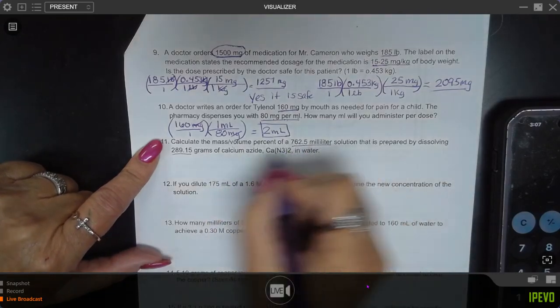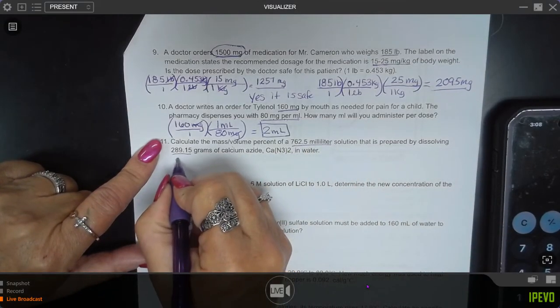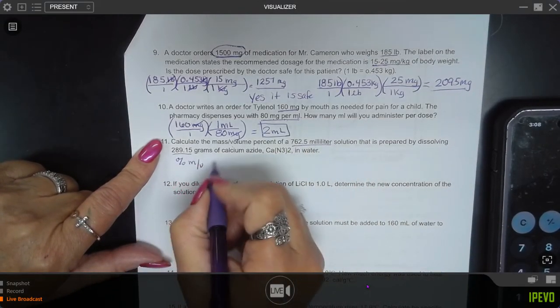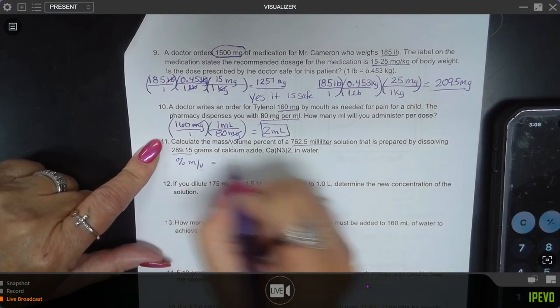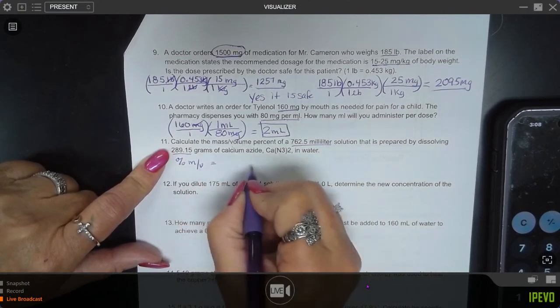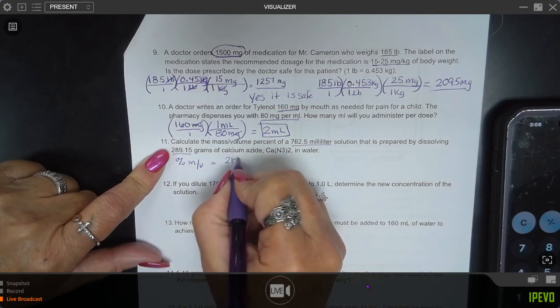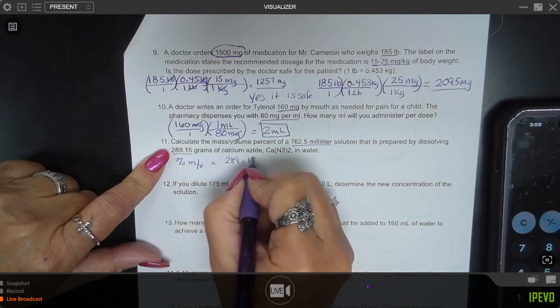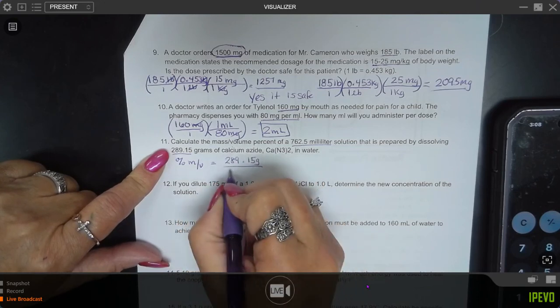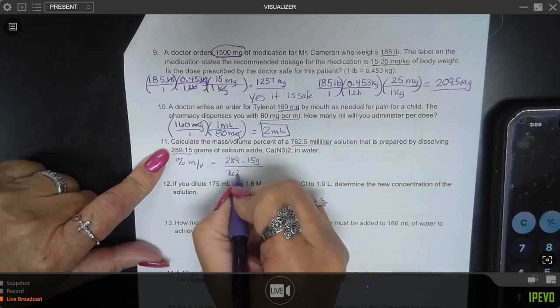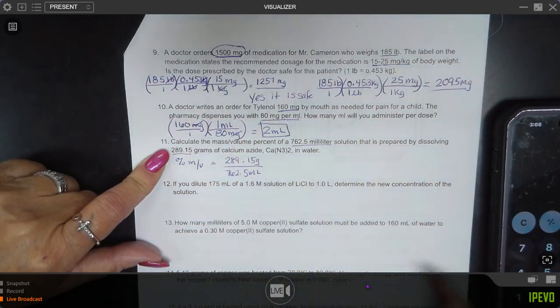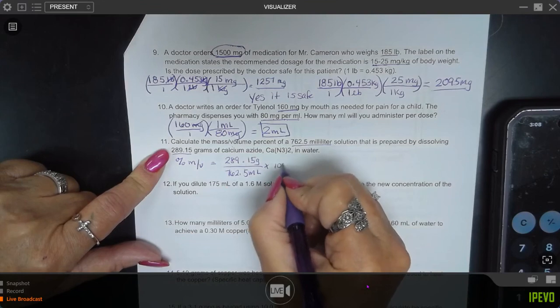Okay, so if you remember, percent mass over volume is equal to mass over volume times 100. So 289.15 grams over 762.5 milliliters times 100.